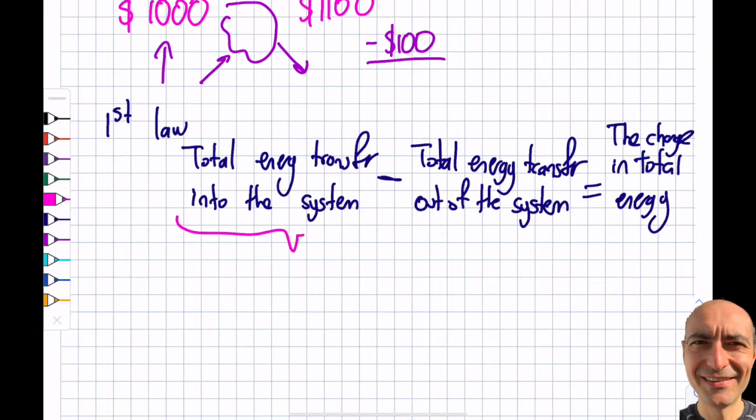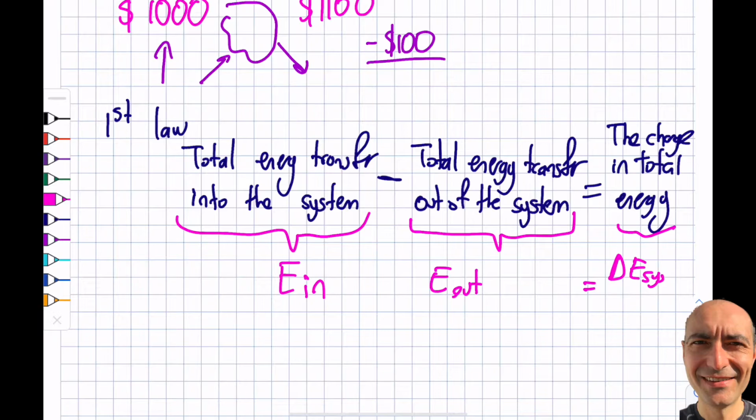I don't want to deal with these terminologies, so I can call this E in minus E out equals delta E of the system. Delta highlights that this is a change.